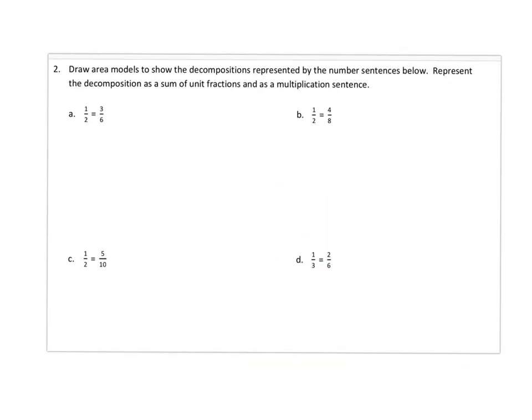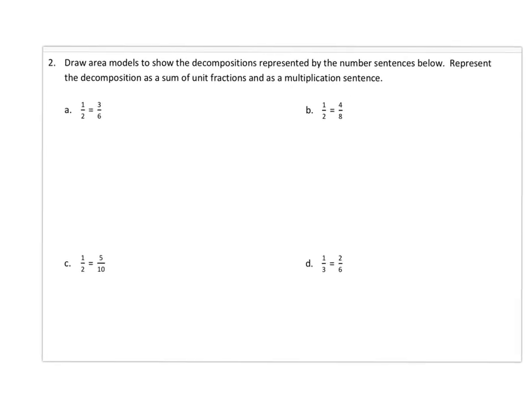This time you're drawing the area models. So you draw the picture, you show the decomposition, and let's write those number sentences. So they're giving you the equivalent fraction. The first one they want us to draw in this case is 1/2. So I'm going to use those columns. I'm going to color in 1/2.